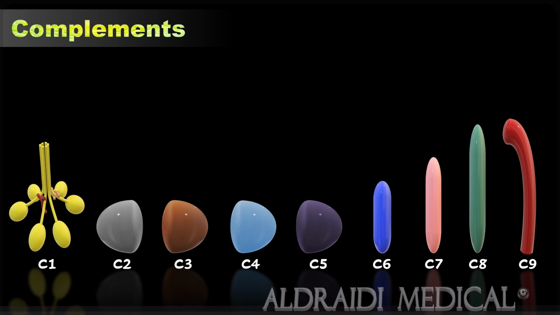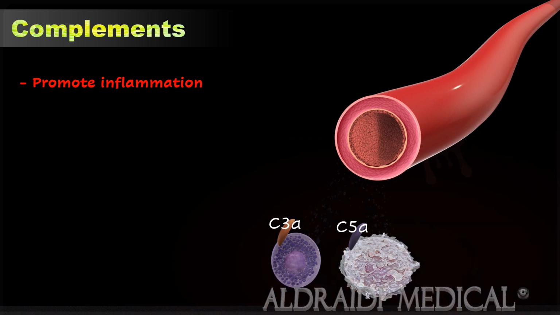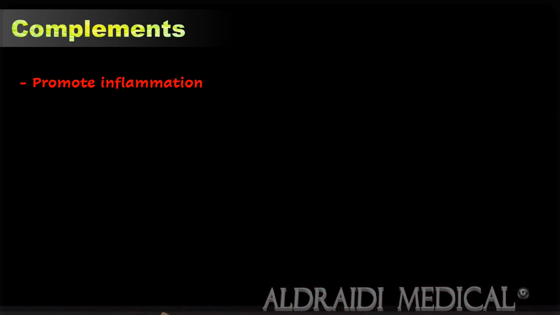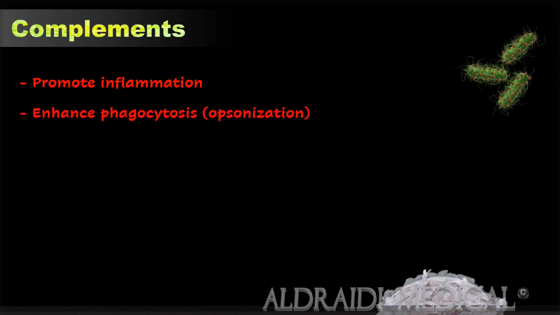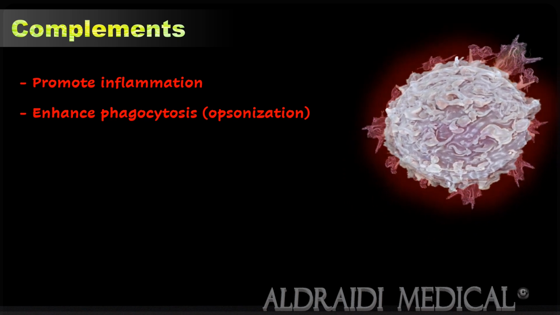These proteins act with one another in a cascade fashion to get activated. And once these complements are activated, they can serve as anaphylatoxins and initiate a local inflammatory response. Complements can also target pathogens both for lysis and for phagocytosis by cells of the innate immune system.